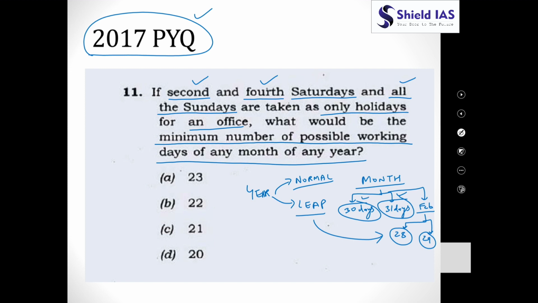As the question asks about the minimum number of possible working days of any month of any possible year, we can directly take the year as a normal year.